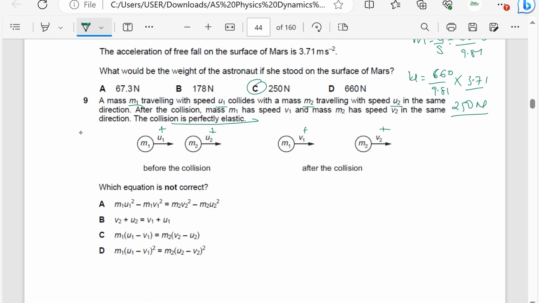So there is no velocity to the left. They're all to the right. So relative speed of approach should be equal to the relative speed of separation, if it is perfectly elastic. So which equation is not correct?